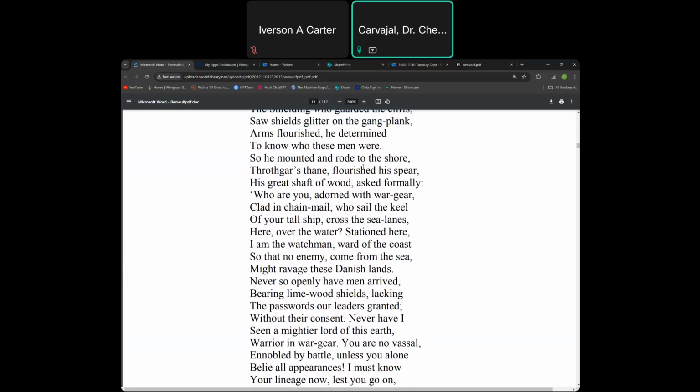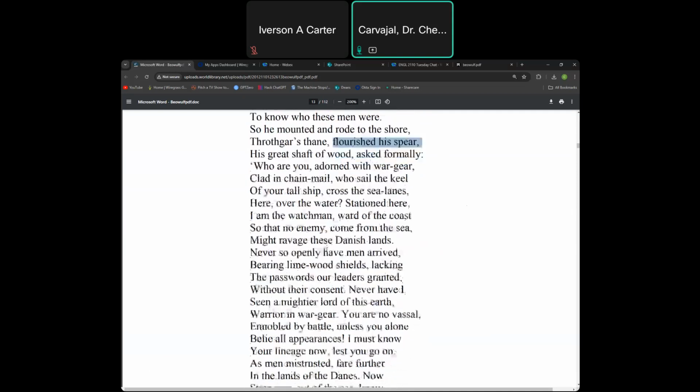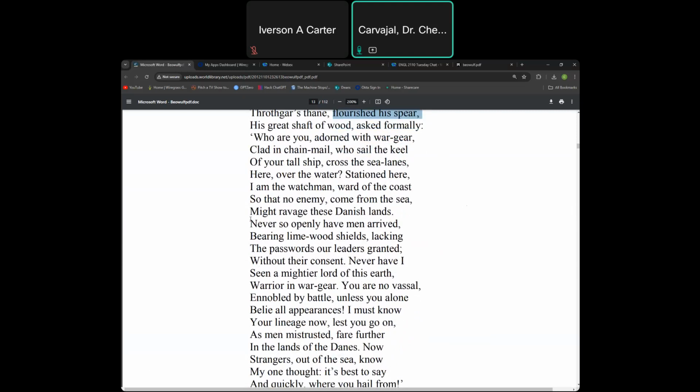And so he rides down to the shore, and he brandishes his own spear and says, "Who are you? And why are you coming here all armed?" Okay, because that's not necessarily a good thing. So if you're an enemy, we're going to stop right there.